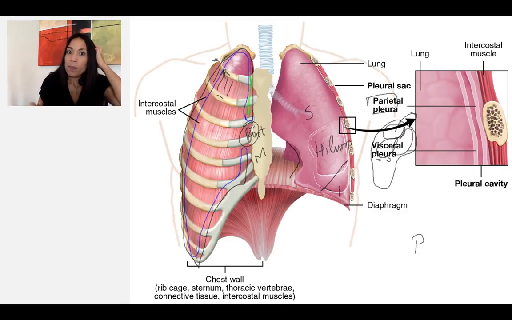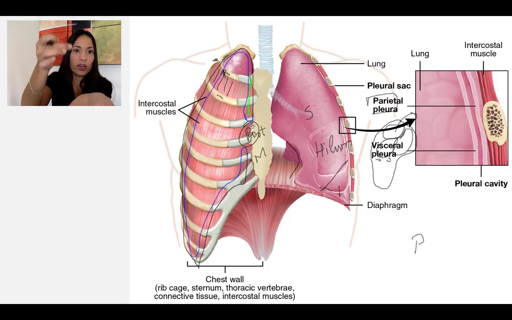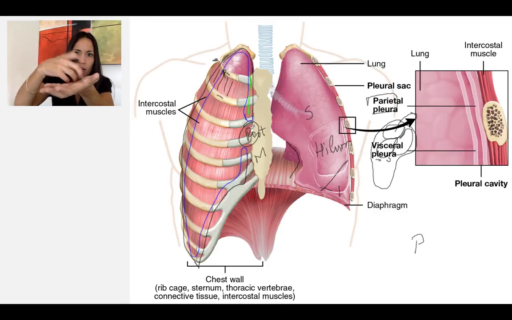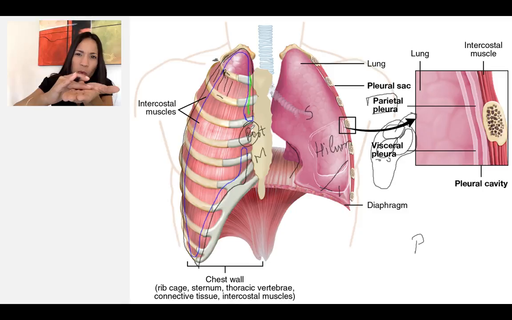Beautiful example they put in your book. When you have your cup of coffee and the saucer on the bottom, if you slide the cup over the saucer, it will create friction. Now, if you put a little film of water in there, you can slide the cup of coffee over the little plate, over the saucer.